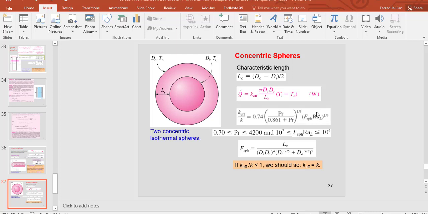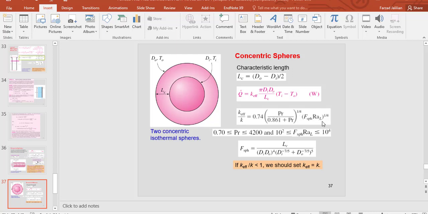And the Rayleigh number: to find it, you also need that thermal conductivity, Prandtl number, and the characteristic length. The characteristic length for this case is dO minus di divided by 2. Actually, it is the distance between the surfaces with different temperature, this LC.